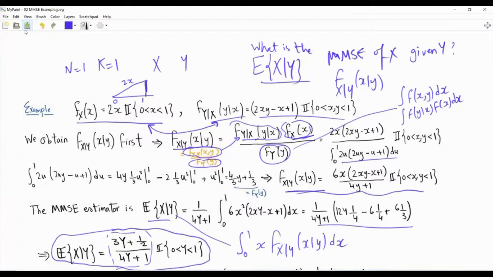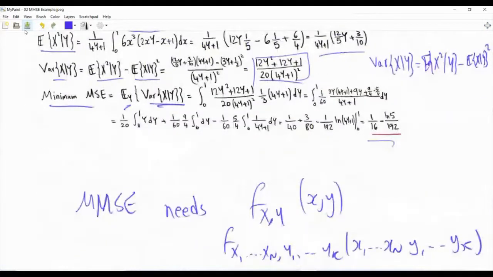How can you obtain the expected value of x given y if you don't know the conditional distribution of x given y, which is something that you obtain from the joint? So you need the joint, maybe directly, or you have the marginal of x and then f of y given x or something like this, but you basically need the joint. So in practice, of course, we don't have this thing here.